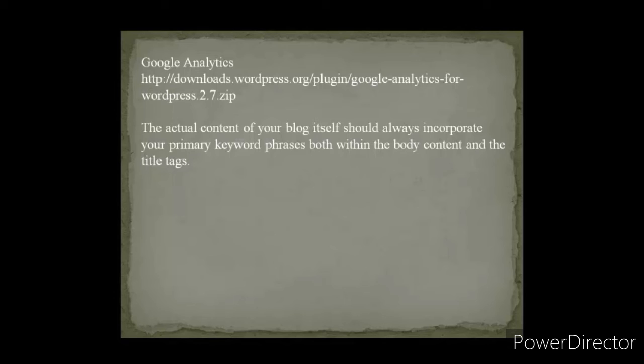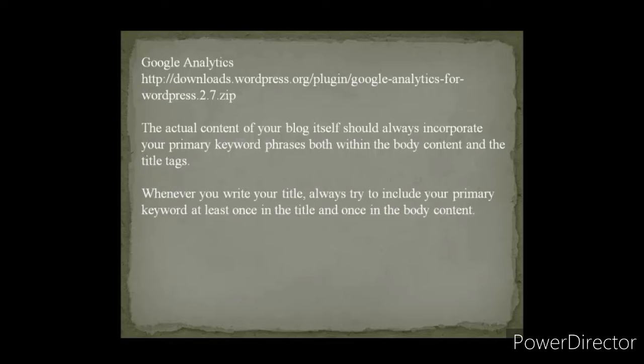Whenever you write your title, always try to include your primary keyword at least once in the title and once in the body content. You will also want to use your primary keyword in your blog's title itself, what people see in their browser navigation bar when they visit your site.